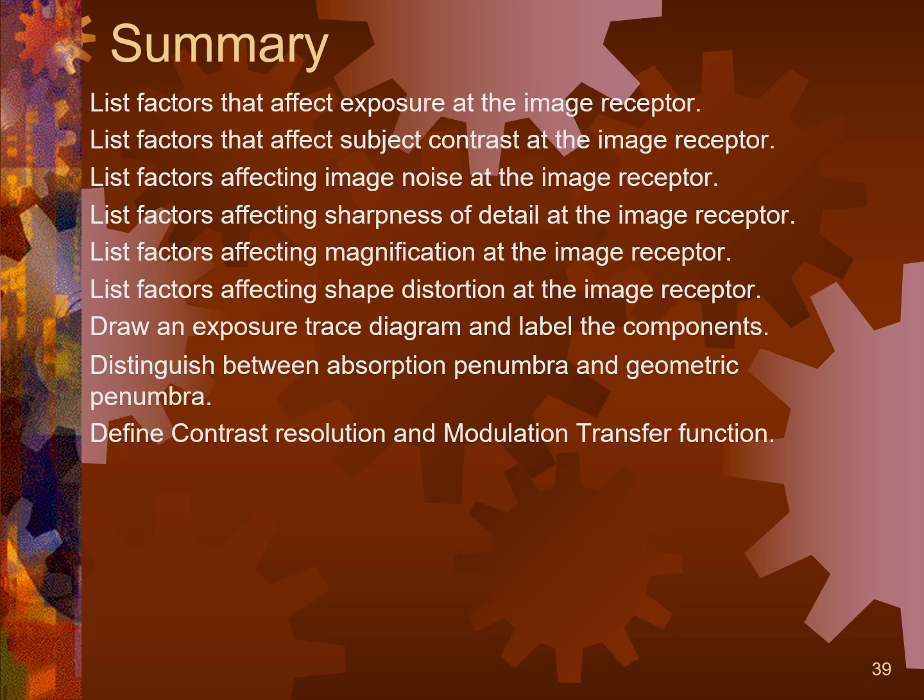Modulation transfer function is the ability of our imaging system to display the object in its proper contrast resolution. Because imaging systems have trouble with tiny objects in close proximity, we never get a perfect imaging system.